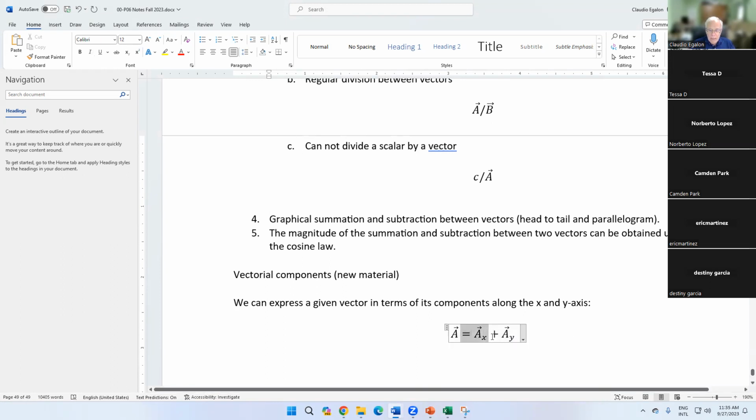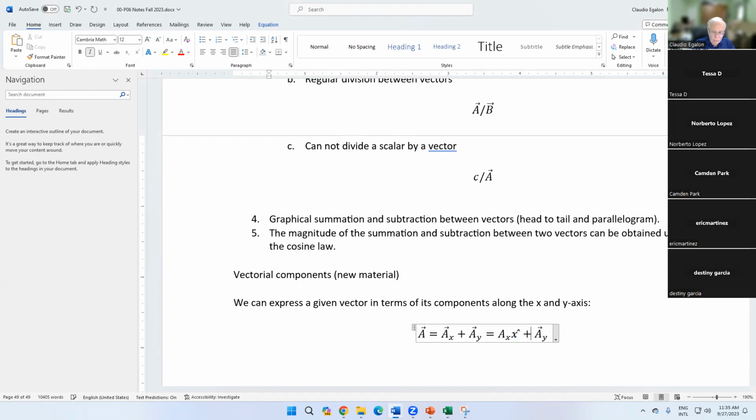And by the way, this can also be written not only in terms of a scalar, but also in terms of a unit vector. Like that.